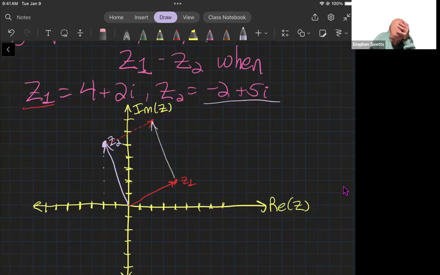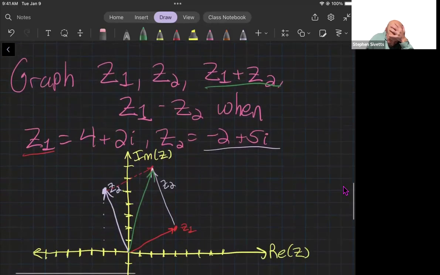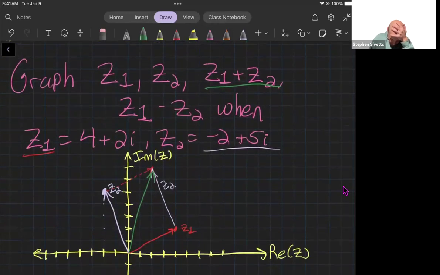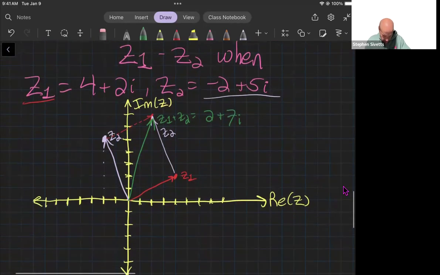Right, so this is a vector that's parallel to z2. Okay, and this would be the vector addition, z1 plus z2, which of course is just combine like terms with z1 and z2. So in this case, it is 2 plus 7i. Okay, well, that made sense.